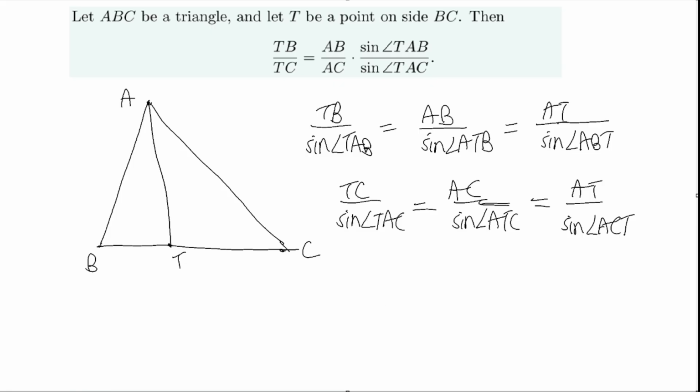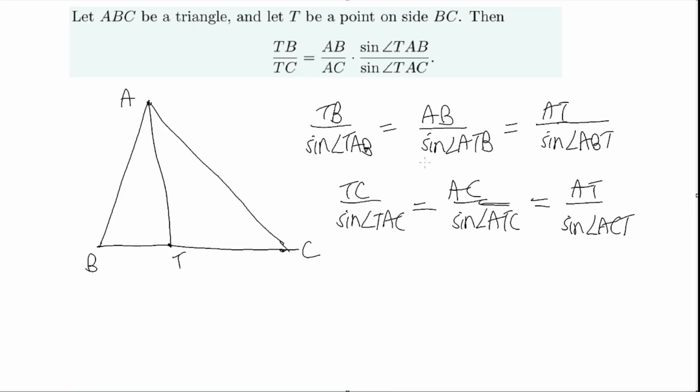And we want the sine angle TAB, this one here, to be on the numerator of our result, and the sine angle TAC to be on the denominator, because that's the only way we can get our result. If we try multiplying these two equations, then we get both sines on the denominator. And adding the equations won't really do anything because we want to combine these factors. So let's try dividing the equations.